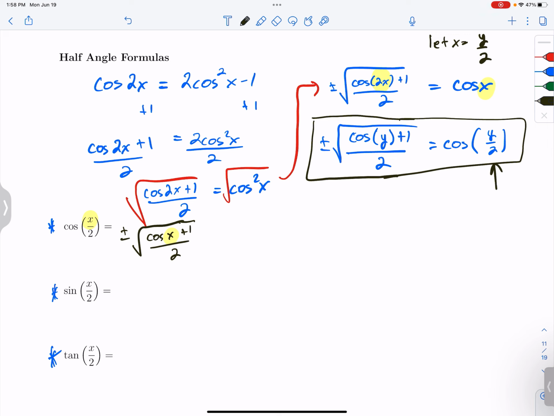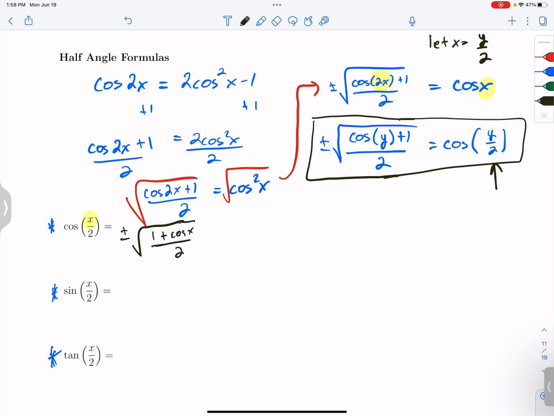Sine of x over 2, well, how we derive this is quite similar. And actually, I'm going to change how I wrote this. Instead of cosine of x plus 1, I'm going to write this as 1 plus cosine of x over 2.